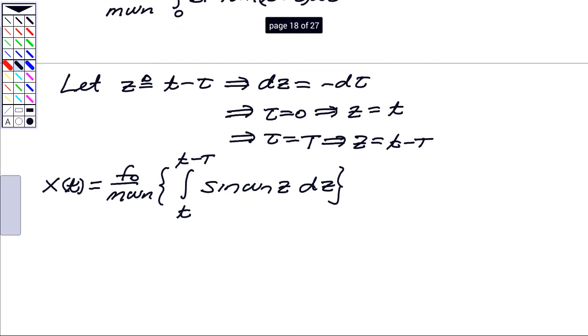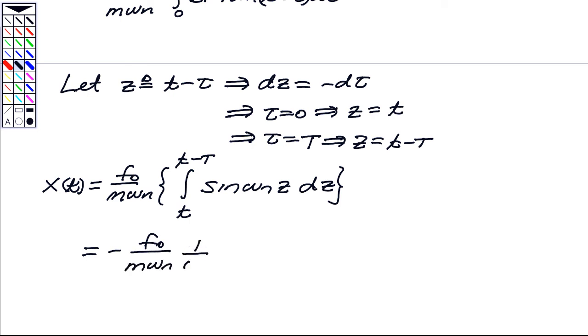The integral of sine, we've done that before, is a minus sign, sine, with a 1 over omega n on the outside. That's a cosine omega n z, and that goes from t up to t minus big T. I'm sorry, there was a minus sign here, and a minus and a minus makes a plus.